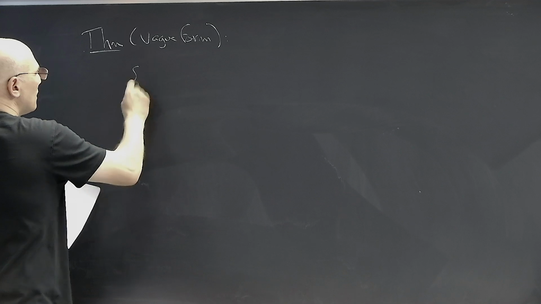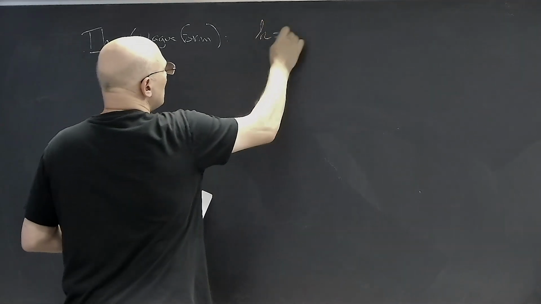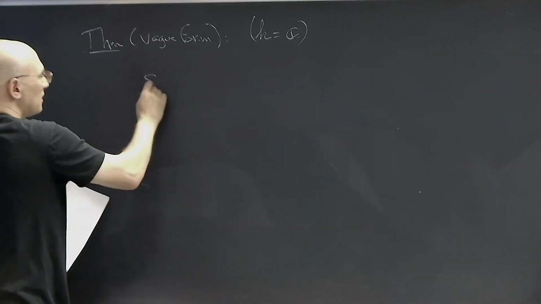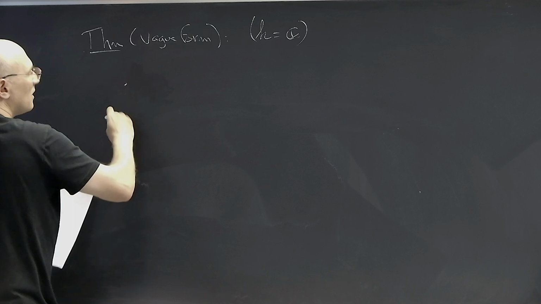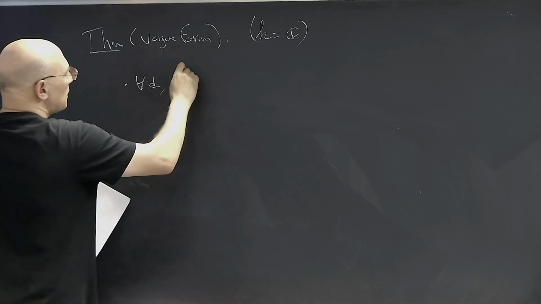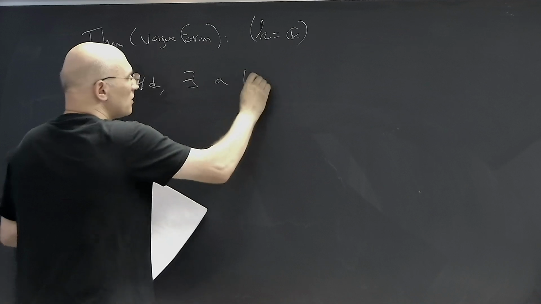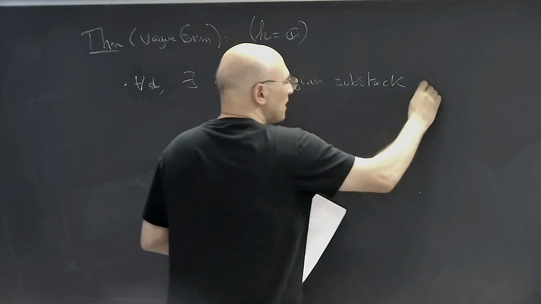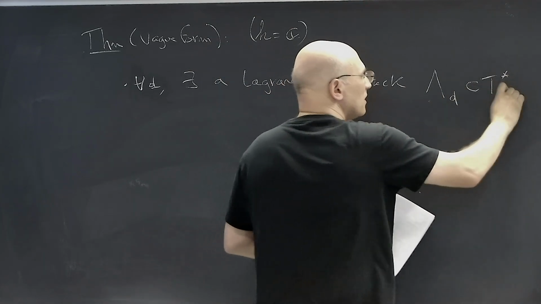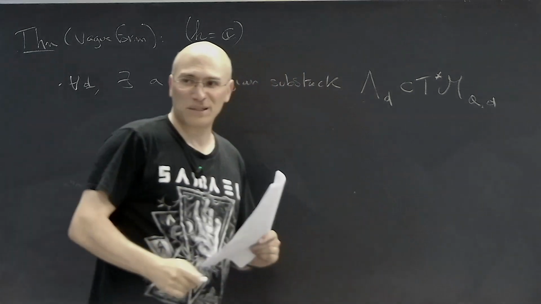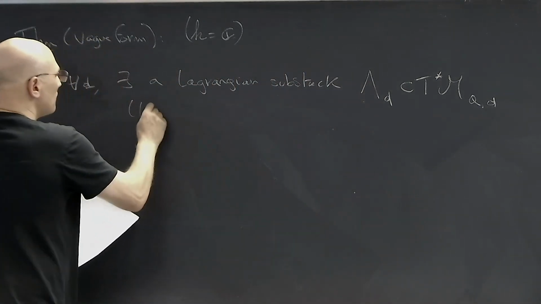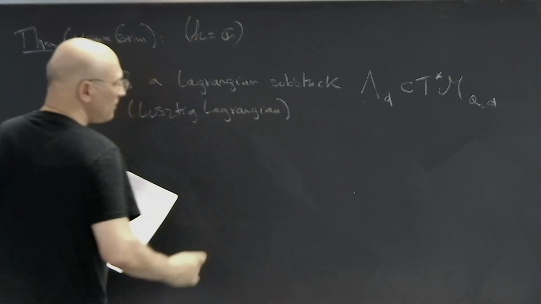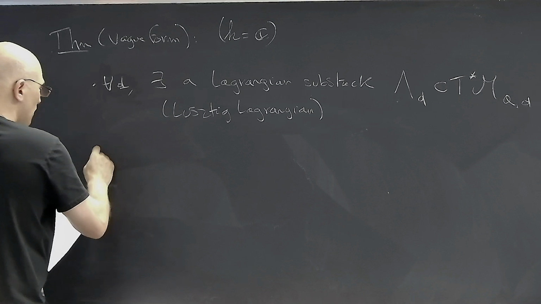So when I take X, K equals C, for any D there exists a Lagrangian substack Lambda D inside the cotangent to M_{Q,D}, which is called the Lusztig Lagrangian.